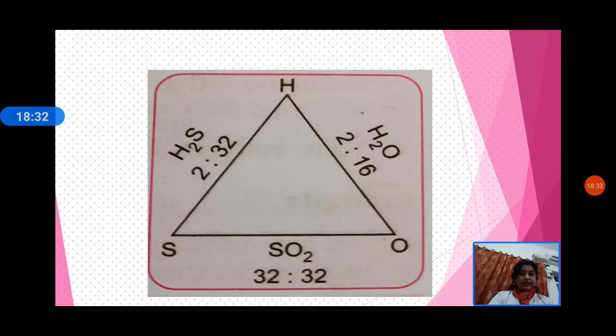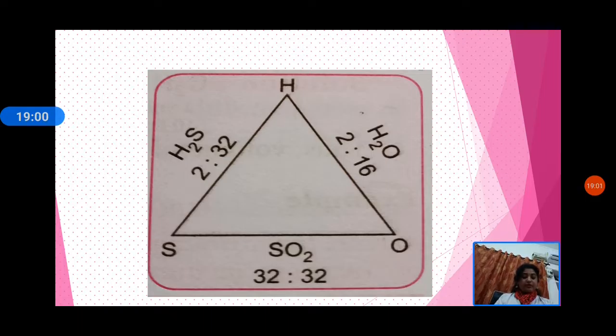See the second example. In H2S, 2 gram hydrogen reacts with 32 gram sulfur. In water, 2 gram hydrogen reacts with 16 gram oxygen. The masses of sulfur and oxygen which combine with constant mass of hydrogen are in the ratio 32:16 or 2:1.